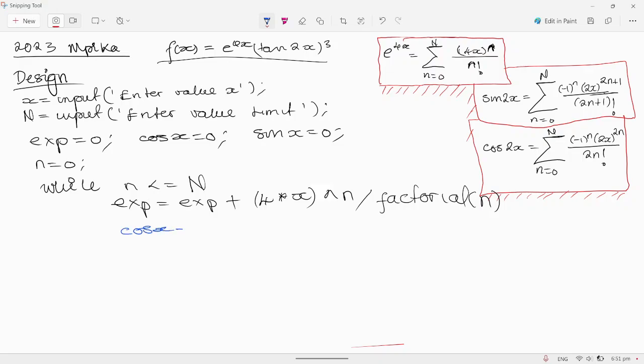Cos x is equal to cos x plus -1 to the power n times 2 times x to the power 2 times n, then everything divided by factorial 2 times n.